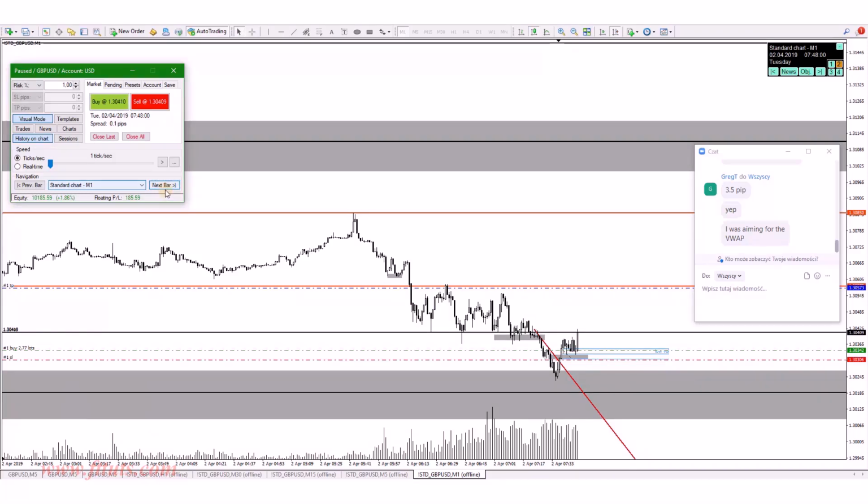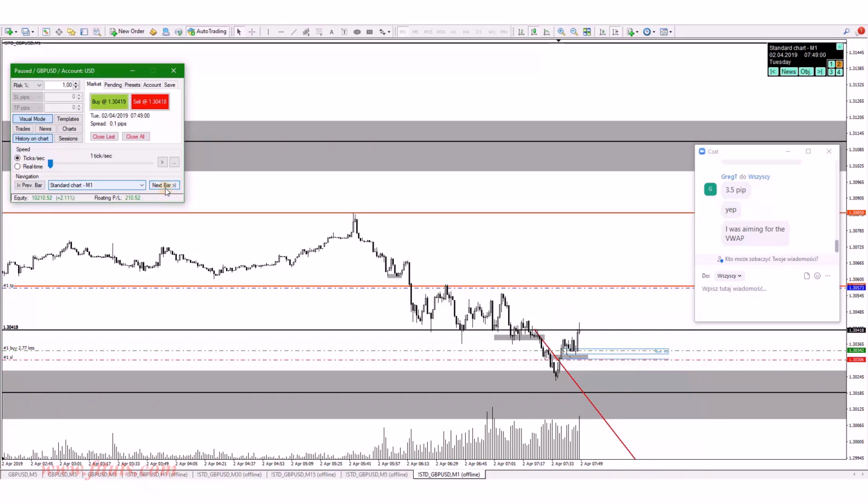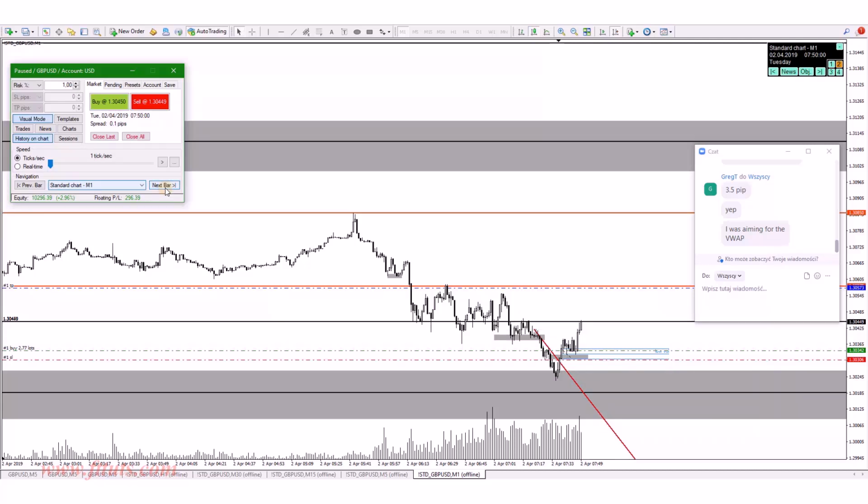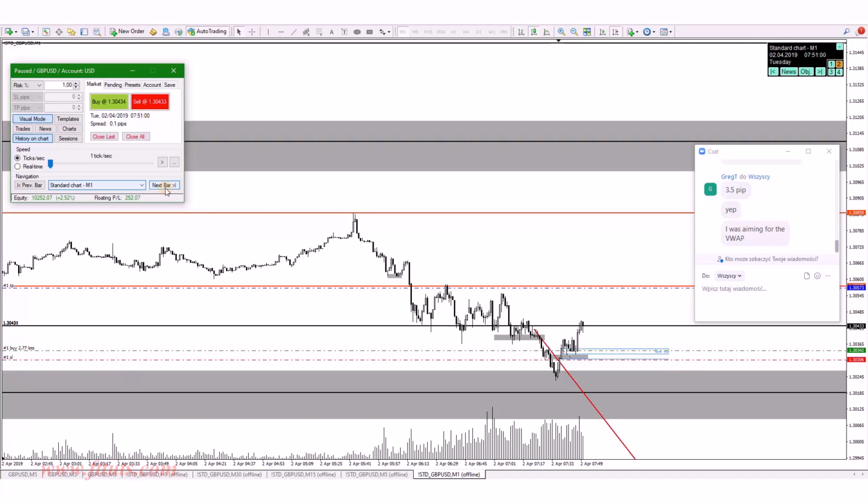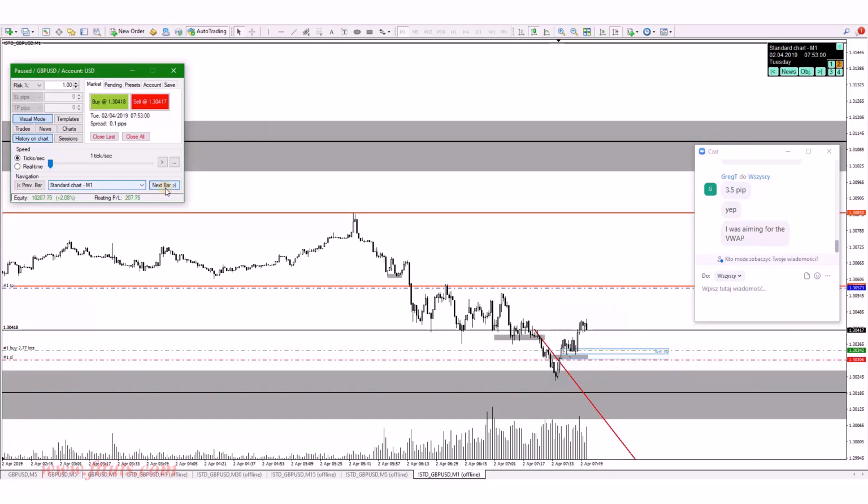Well, maybe we got lucky. And this is happening. This was my trade from 2 trades ago.